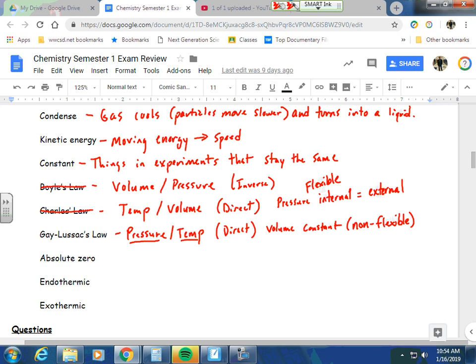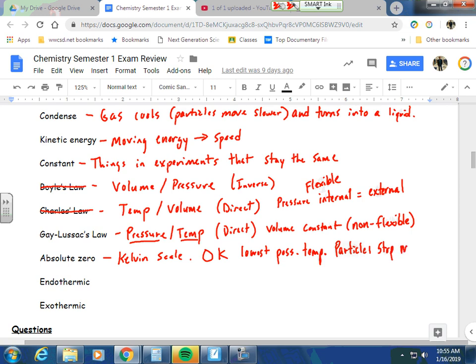All right, absolute zero is on the Kelvin scale. In the Kelvin scale, it is 0 Kelvin. This is the lowest possible temperature, because at this temperature, particles would theoretically stop moving.